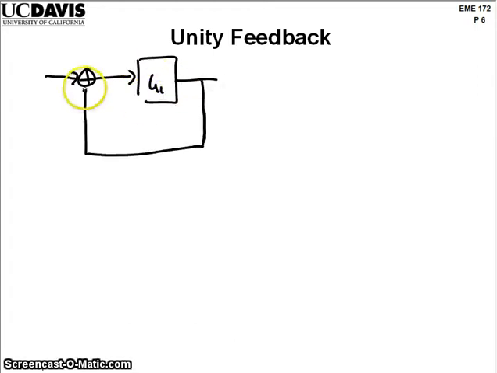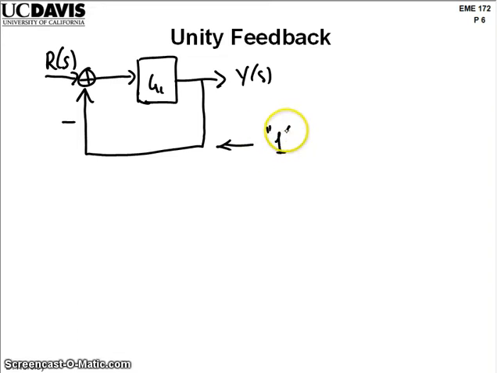Okay, so unity feedback is when G2 of S is equal to 1. So there is nothing in the feedback loop, nothing in the return path. There's basically a 1 or unity in the feedback loop.